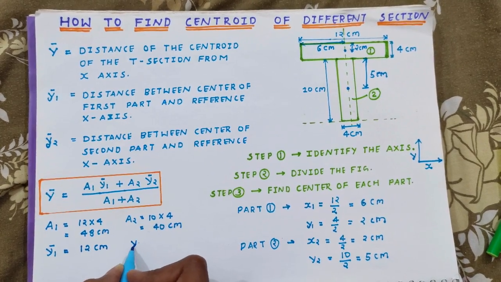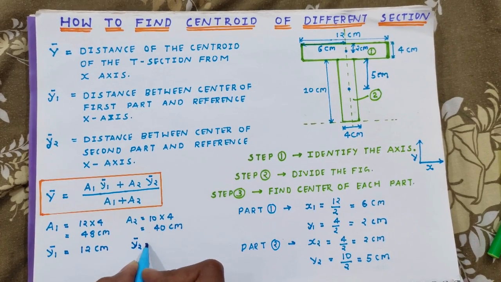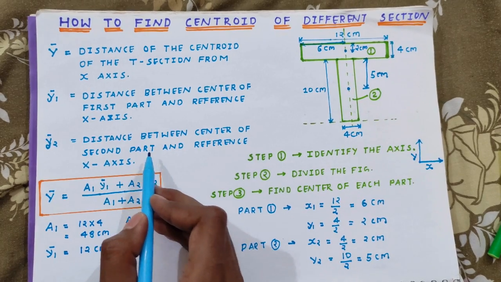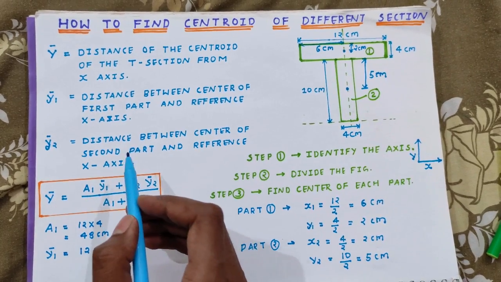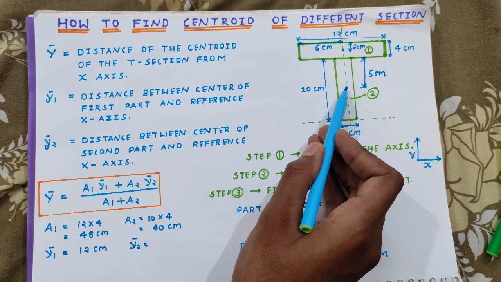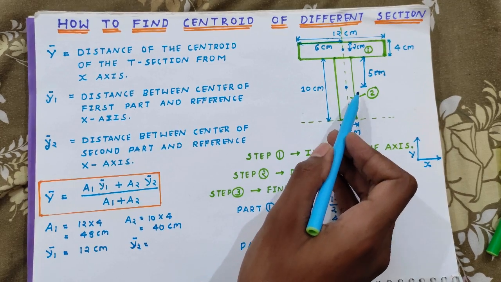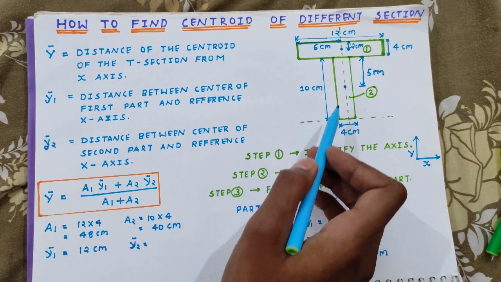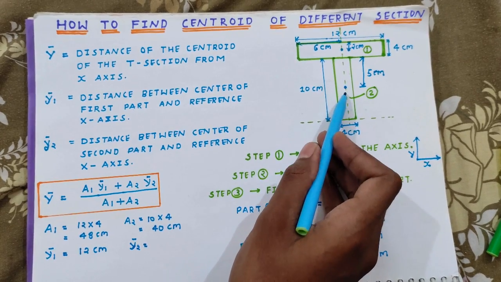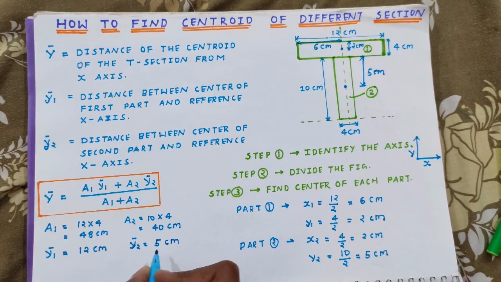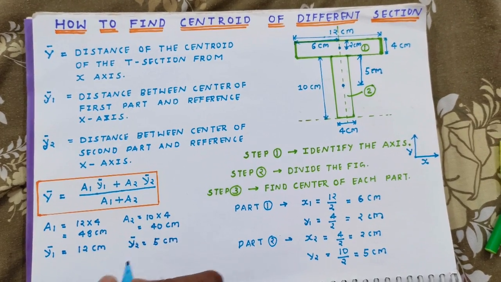And similarly y2 bar is equal to the distance between the center of the second part and the reference x-axis. So this is the center of the second part. The distance from here to the reference x-axis is 5 centimeter, so y2 bar is equal to 5 centimeter.